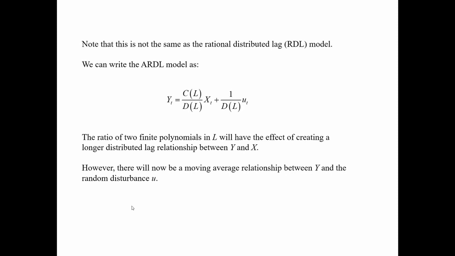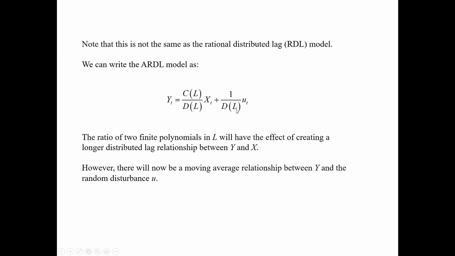We should note this is not the same as the rational distributed lag model because if we group together terms, we write this as yt equals C(L)/D(L) xt plus 1 over D(L) ut. That would give us the distributed lag form of the autoregressive distributed lag model. Then we get a moving average process, I think.